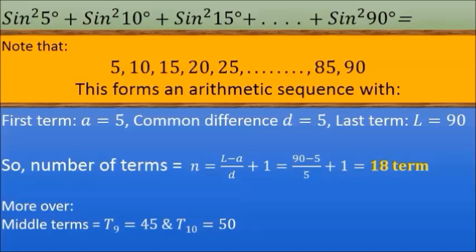So the number of terms must be N equals (L minus A) over D plus 1. By substitution, it's (90 minus 5) over 5 plus 1. It's 19 terms. We have 19 terms here. Moreover, the middle term will be term number 10, it's 45, and term number 10, it's 50.